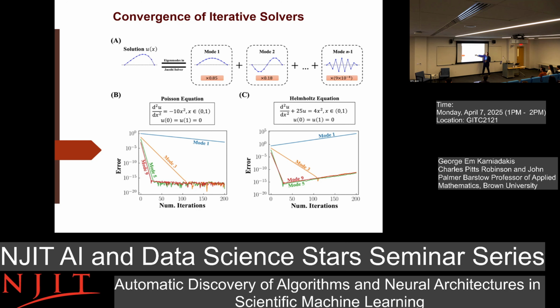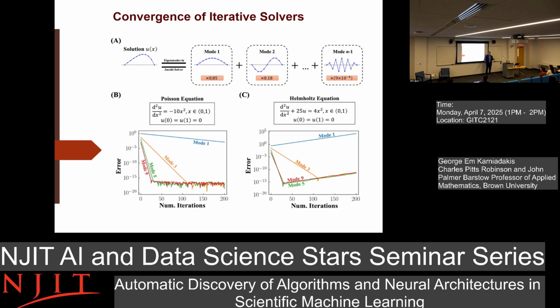If you take this simple PDE, basically the Poisson equation in 1D, and look at the error versus the number of iterations, you can see mode 1 is very slow. Mode 3 is a little faster, mode 5 fast, and then the high modes are fast. And this is machine accuracy, right? So you got to machine accuracy with the high modes very quickly.